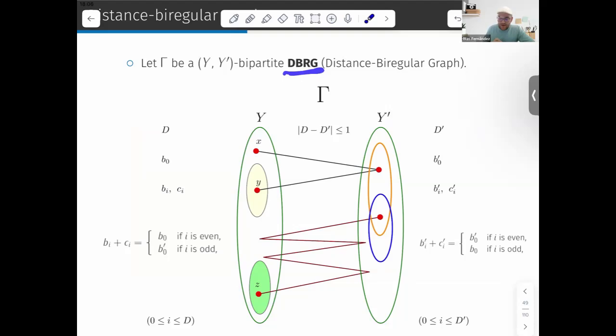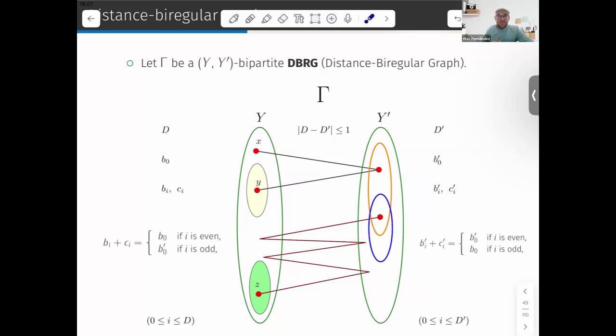Because our graph is distance-biregular, every vertex in Y has the same eccentricity d, and every vertex in Y prime has some other eccentricity, which is the same for all of them, and it is d prime. And we have this relation between d and d prime. Every vertex in Y has the same degree, and this degree is p0. And every vertex in Y prime has the same degree, and this degree is v0 prime.